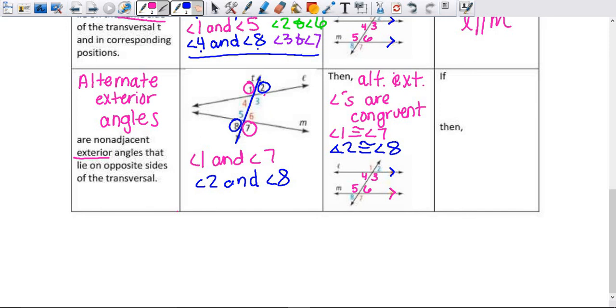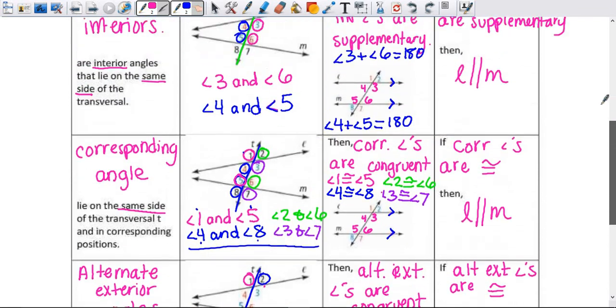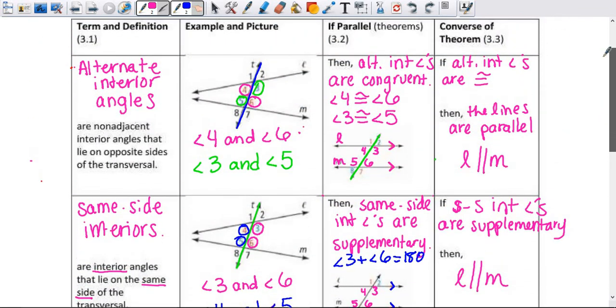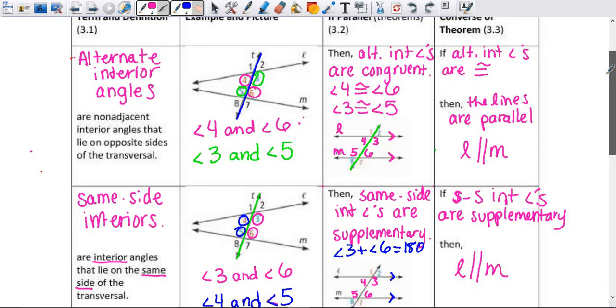Okay, and then the converse of that would be if alternate exterior angles are congruent, then L is parallel to M. So alternate exteriors, corresponding, and alternate interiors are all congruent if the lines are parallel.